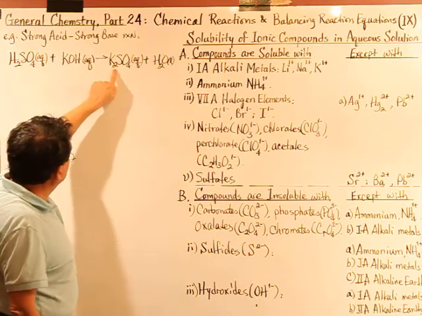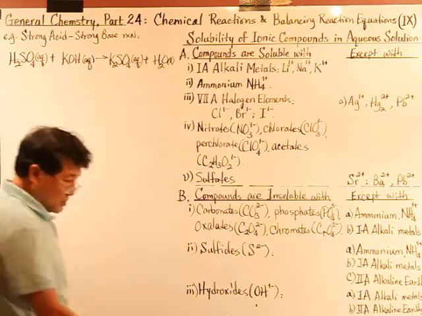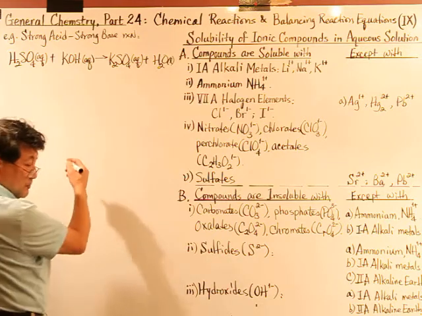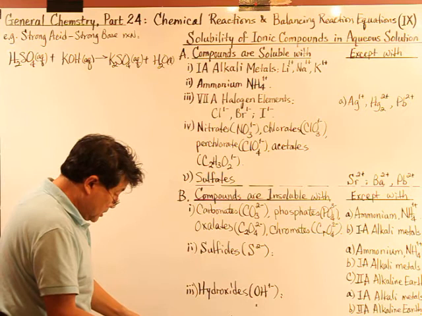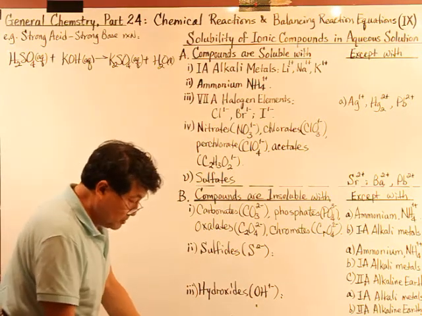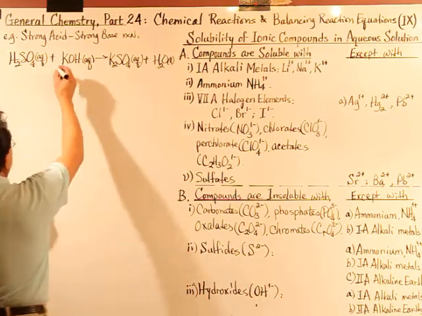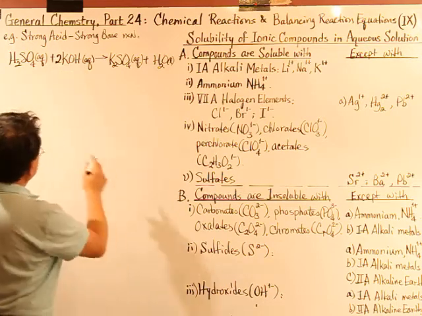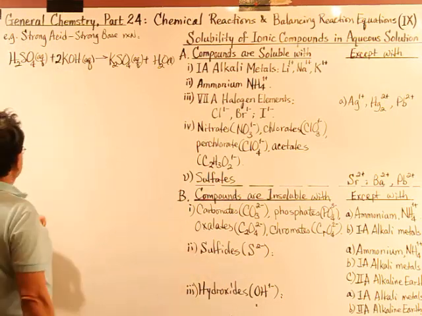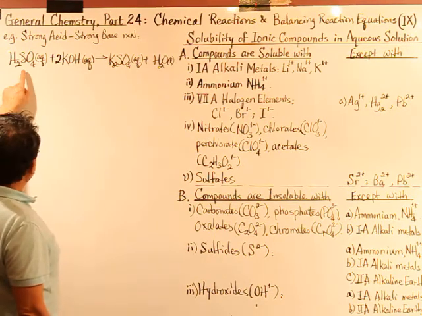If here's 2, here's only 1. So what do we have to do? All right, we have to double here, right? Double here, and then potassium is balanced. Now, sulfate, right?